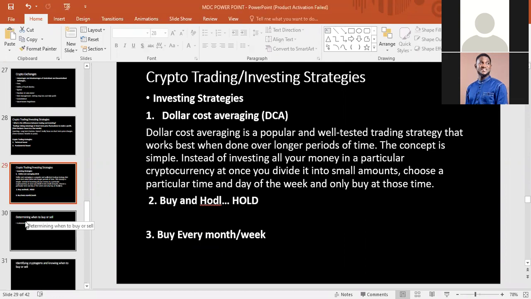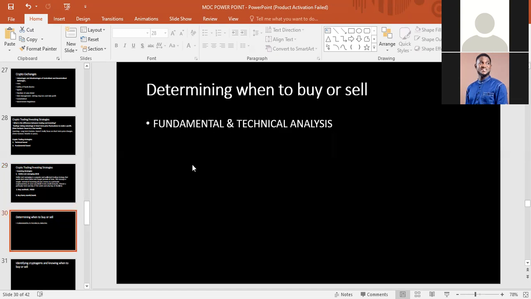Today, we'll look at trading on decentralized exchanges, which are called DEXs, and the different types of DEX that we have. Then we'll also look at determining when to buy or sell, a look at fundamental analysis and technical analysis. We covered this yesterday, so I'll just go over them briefly.